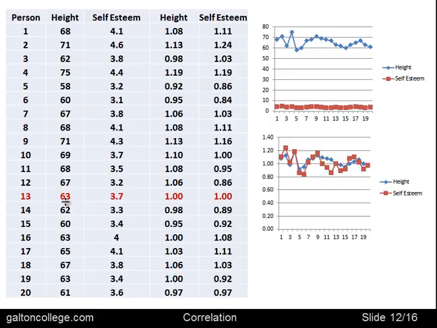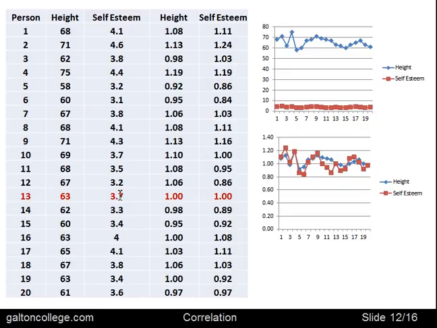So 63 divided by 63 is 1. 67 divided by 63 is 1.06. 68 divided by 63 is 1.08. So what we've got here is the same set of numbers, except we've just indexed it all by one of them, by 63, let's say. So that's our new refined set of numbers, our index numbers.